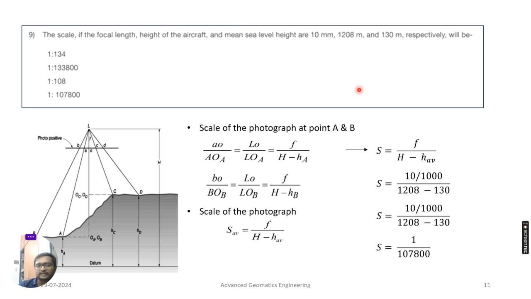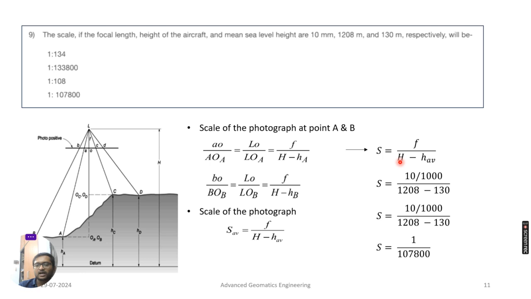To do that, we will write the formula S is equal to focal length f divided by H minus H average. Over here we have f as 10 mm and we want to put everything in meter. So first we will convert this mm into meter, so we will write 10 divided by 1000.